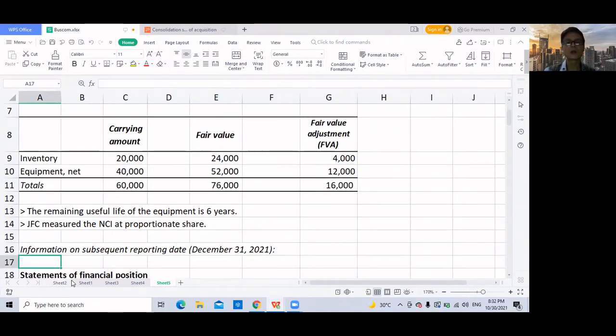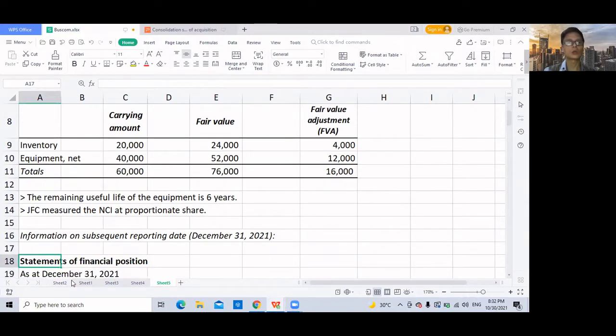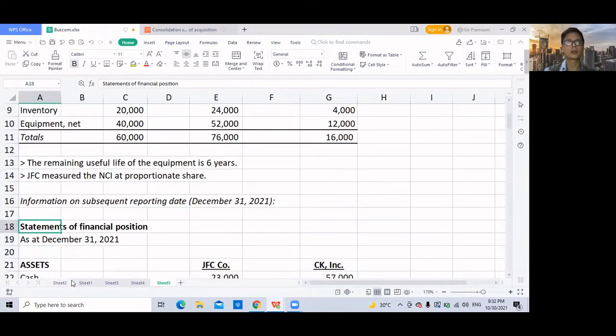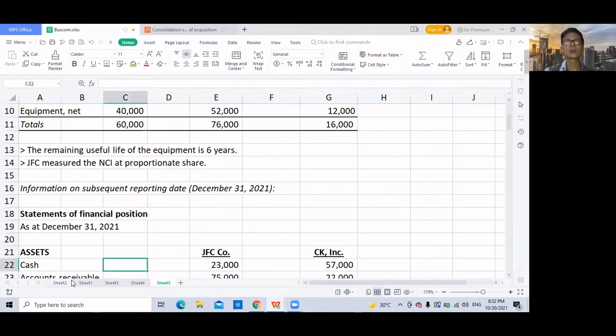Information on subsequent reporting date, December 31, 2021. So ito yung kanilang financial statement of both JFC and CK as at December 31. So end of the year na, after 1 year. No? So yung assets, cash, 23,000 for JFC. Take note of that. 657,000 for CK Incorporated.